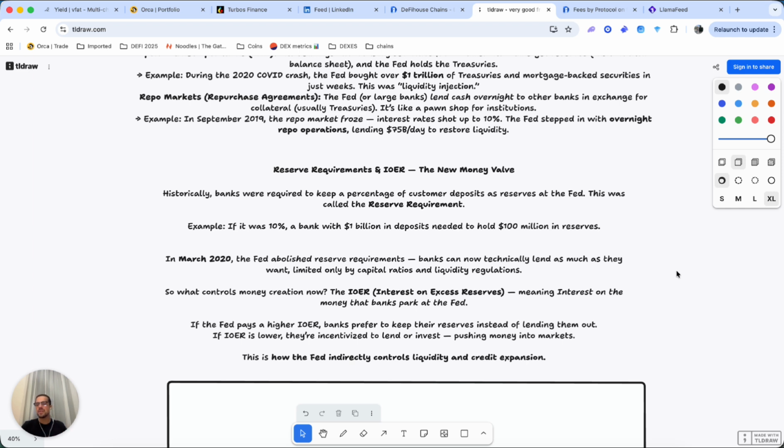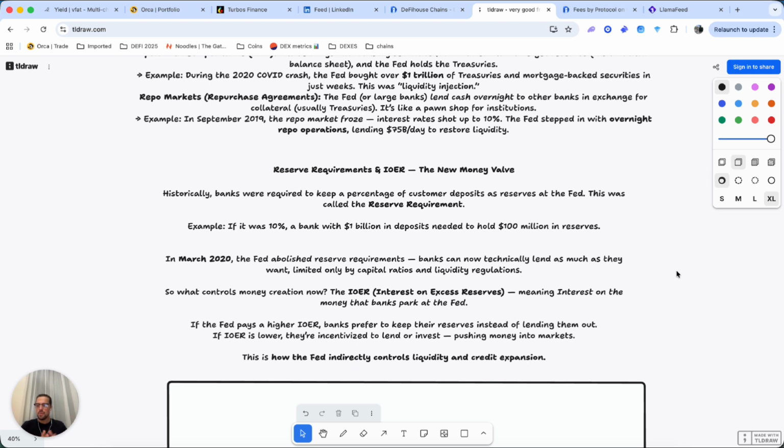Okay, it's very similar to European systems, Asian systems are pretty similar, but not as loose, a bit more strict. So for example, if it was a 10% reserve requirement, a bank with 1 billion in deposits needed to hold 100 million in reserves. The rest can be used to lend out.